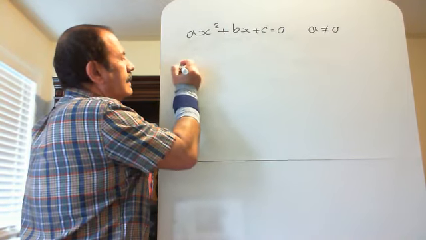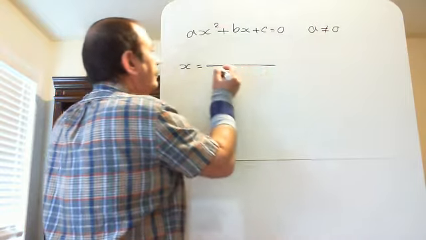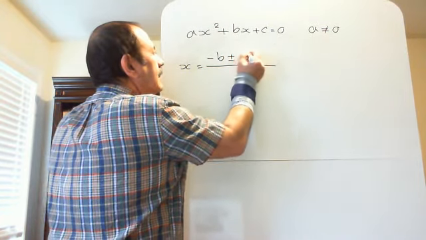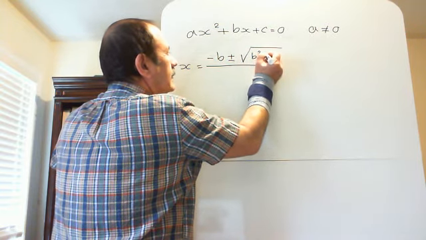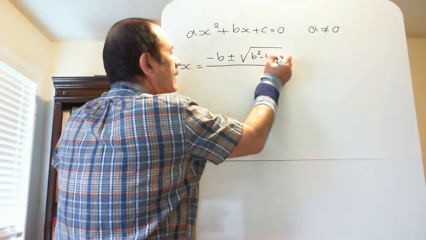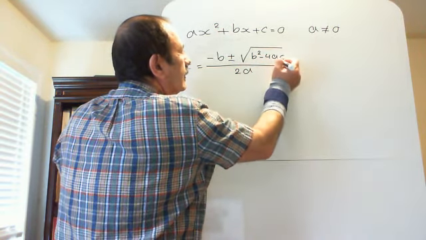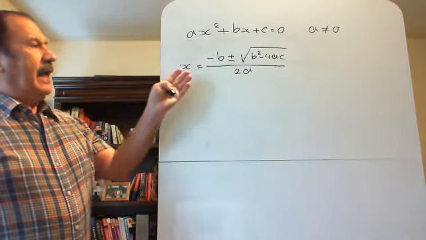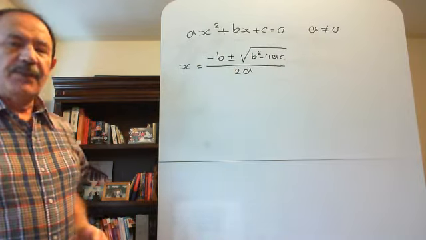It's x equals minus b plus or minus the square root of b squared minus 4ac over 2a. This is the quadratic formula, in which a, b, and c are the coefficients of these terms.